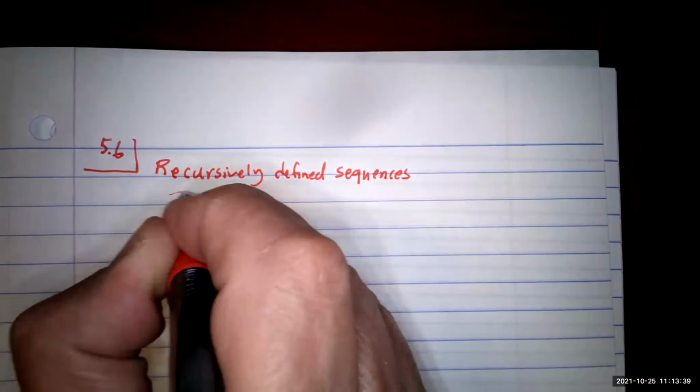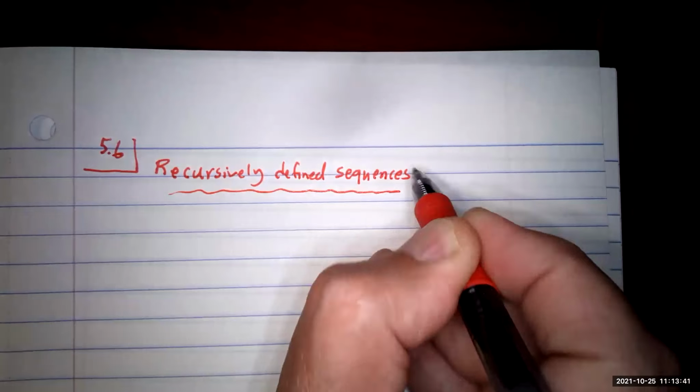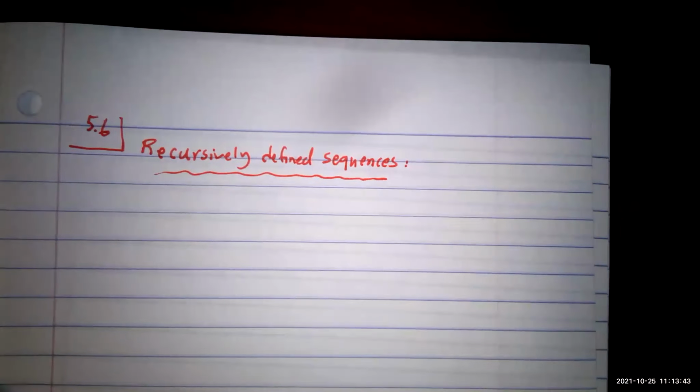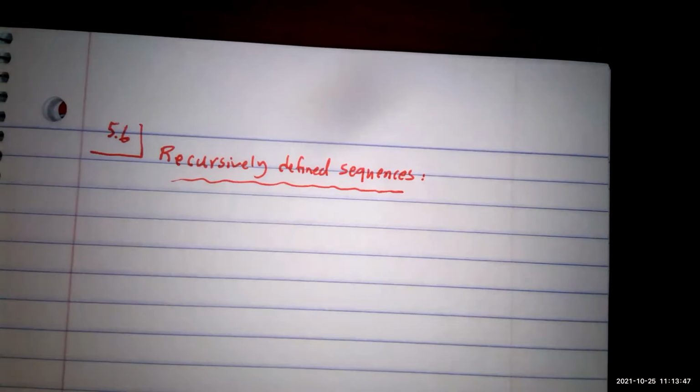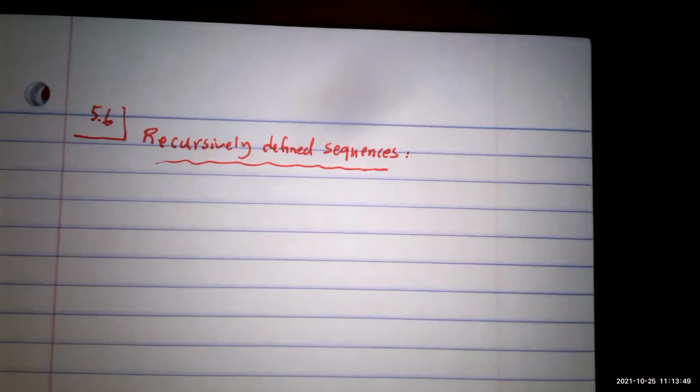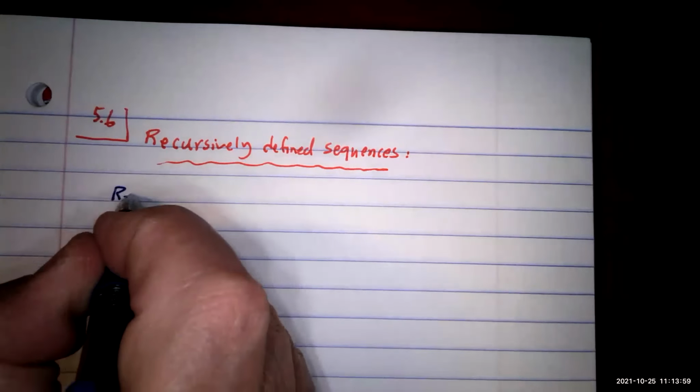We already talked about it very mildly, that if you're given a sequence such that the general term of a sequence is defined in terms of some of its prior terms, then that sequence is going to be called recursively defined. So let's recall that definition again.